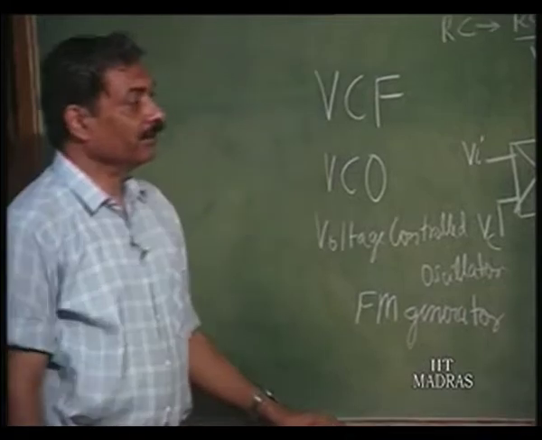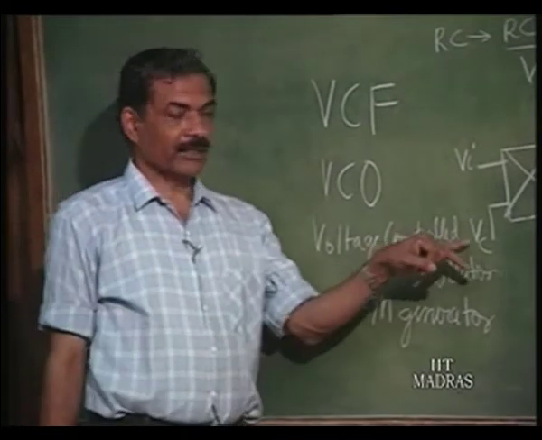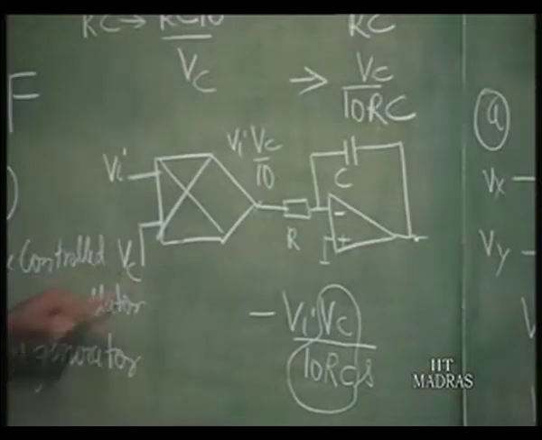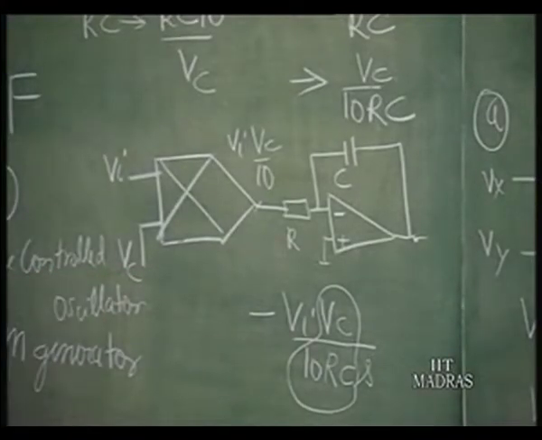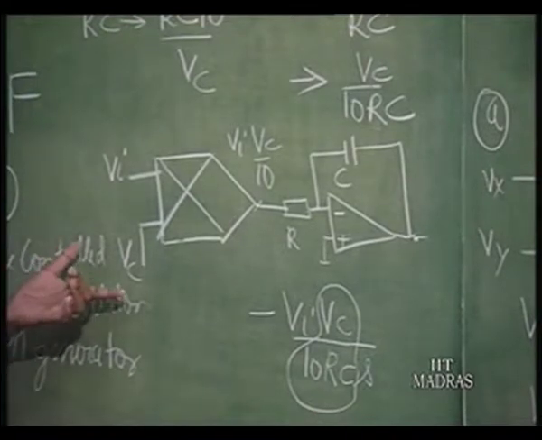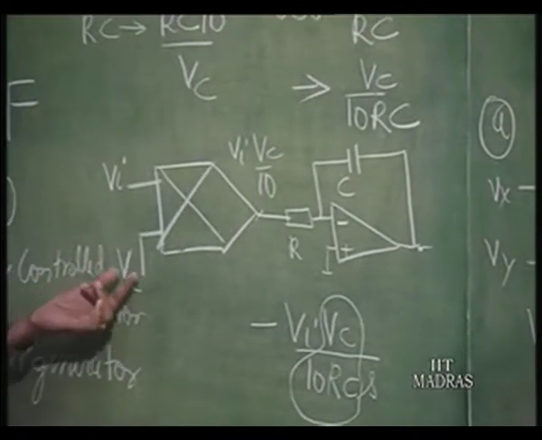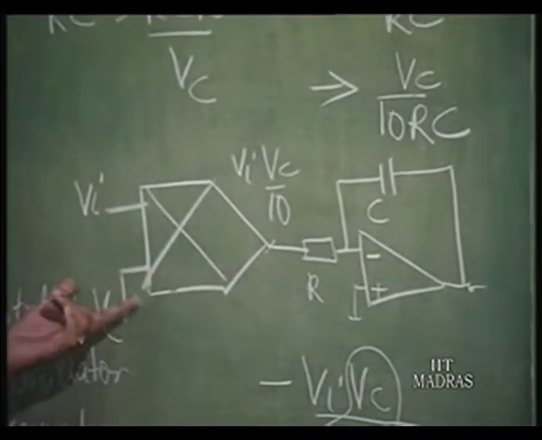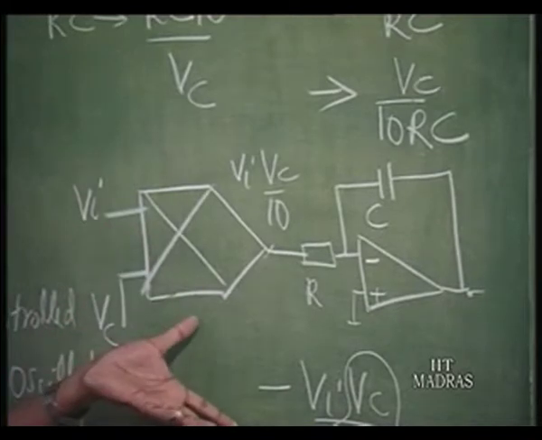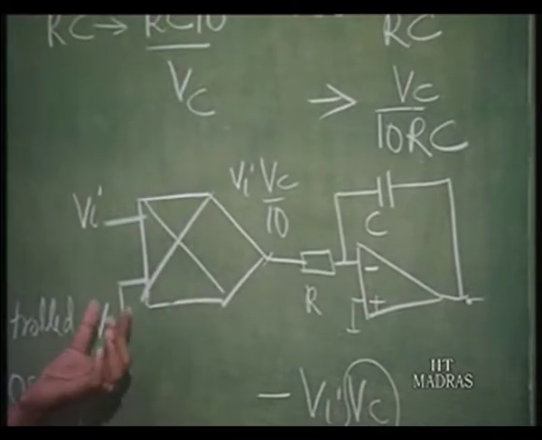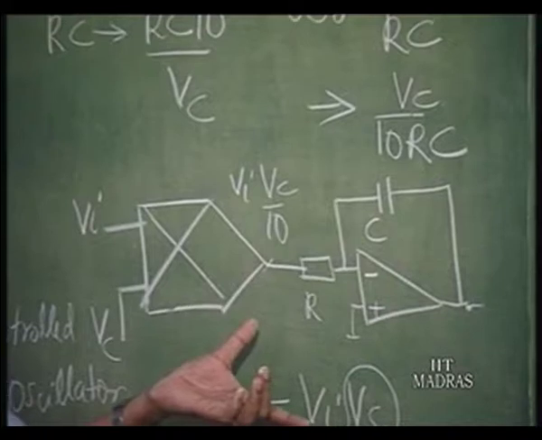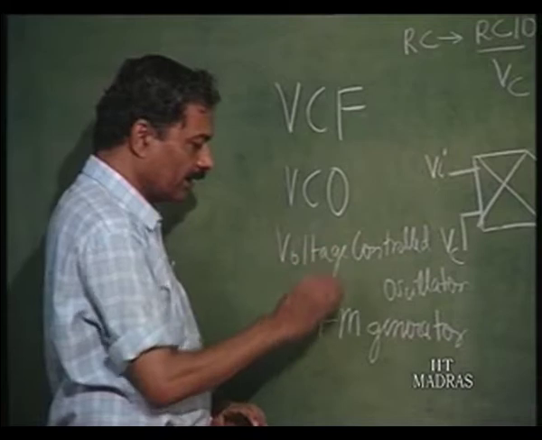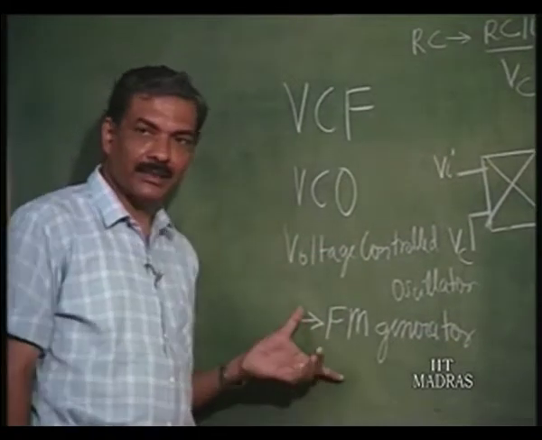Because if I now feed a carrier frequency plus a modulation frequency here as a voltage, then actually the modulating frequency is fed here. So, output will be a carrier frequency, which is the quiescent frequency, plus the modulating frequency, which is nothing but an FM. So, voltage controlled oscillators are nothing but FM generators.